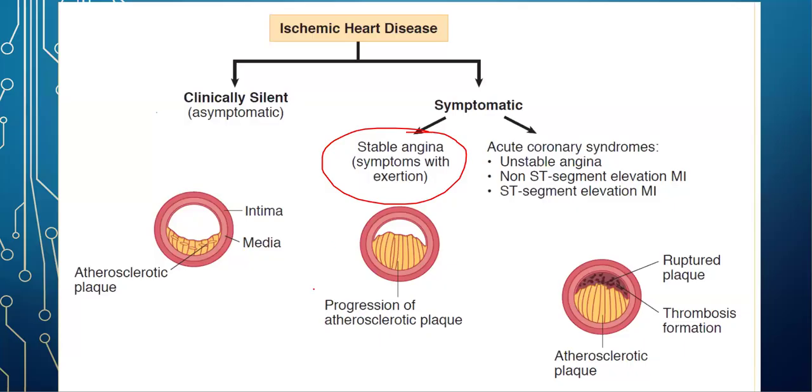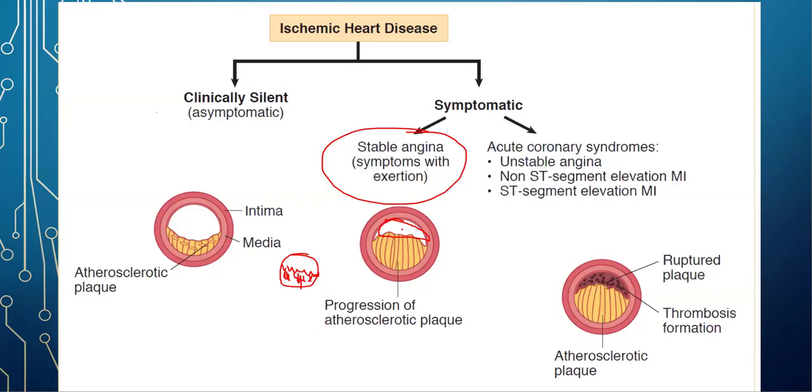Stable angina means that they already have some kind of atheromatous or fatty deposition in their coronary arteries. Like you can see, only this bit is open. When they do exercise, there is more and more oxygen demand, but the blood flow is already obstructed here.